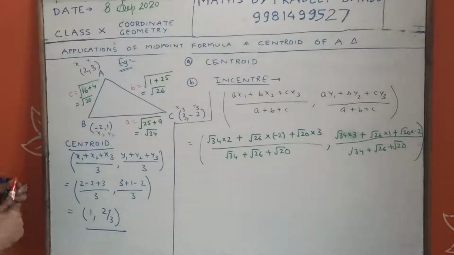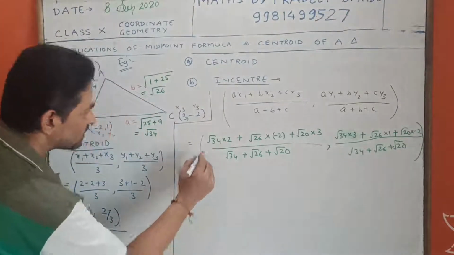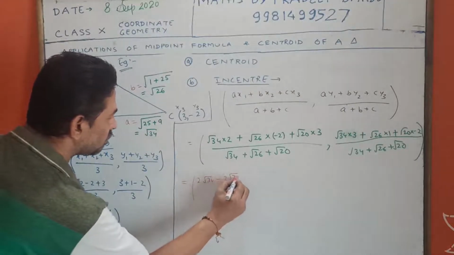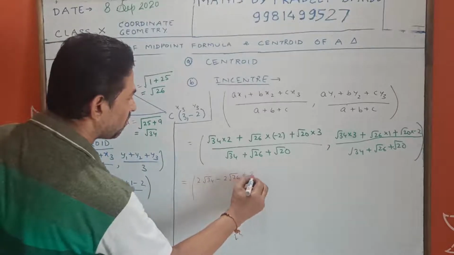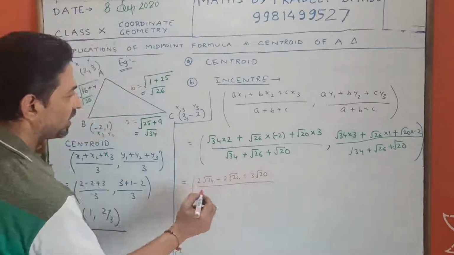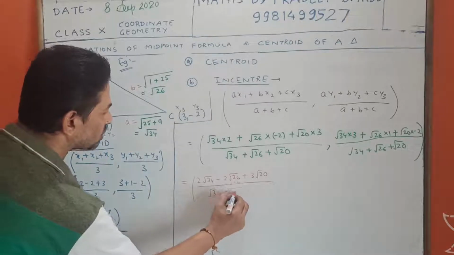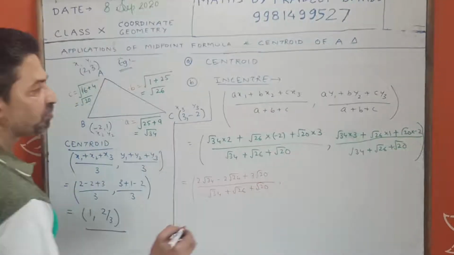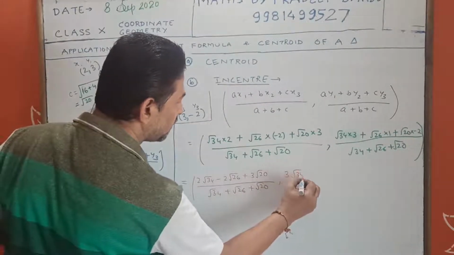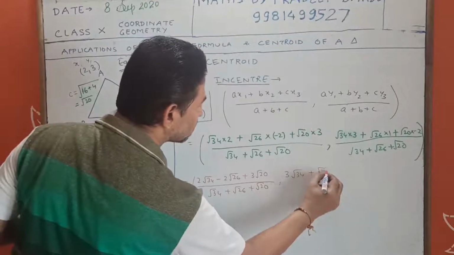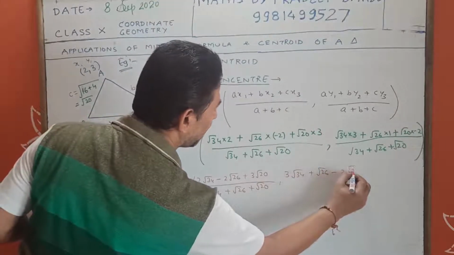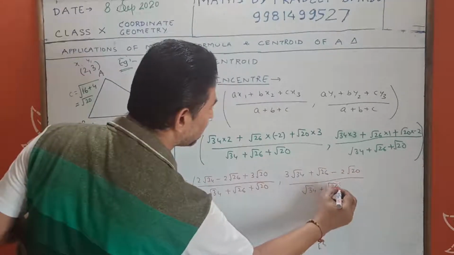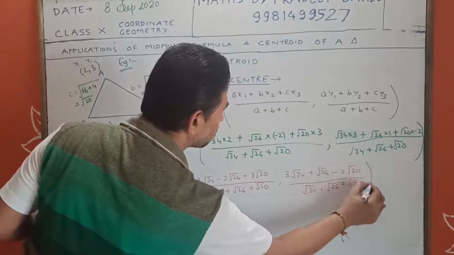So finally what we get, this is 2 root 34 minus 2 root 26 plus 3 root 20 upon root 34 plus root 26 plus root 20, and here it is 3 root 34 plus root 26 minus 2 root 20 upon root 34 plus root 26 plus root 20.